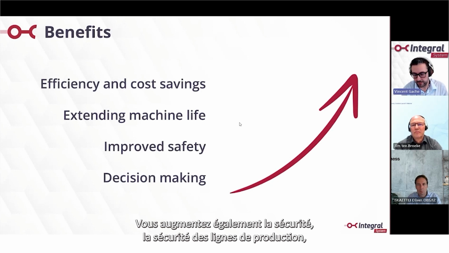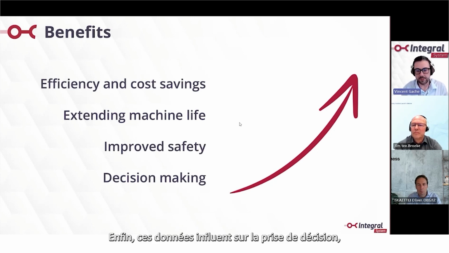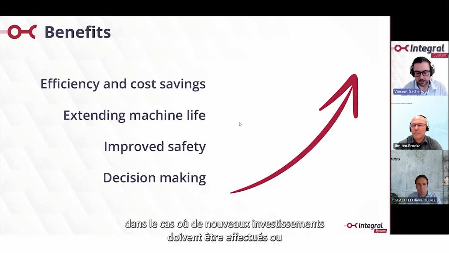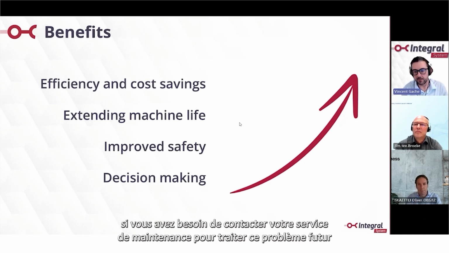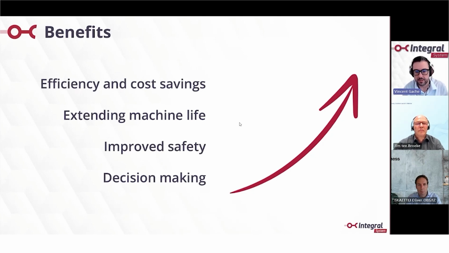You improve the safety, of course, the safety of your production line, but also of your field workers, your operators. And it helps decision making because if you need to make a new investment on something, if you need to call your SI to help you fix the future problem, it's much more convenient when you know that it will happen.